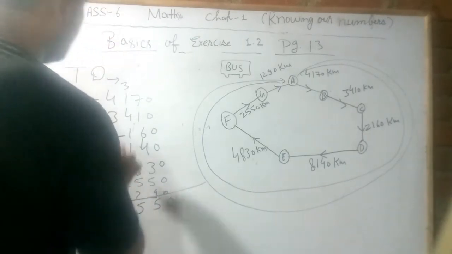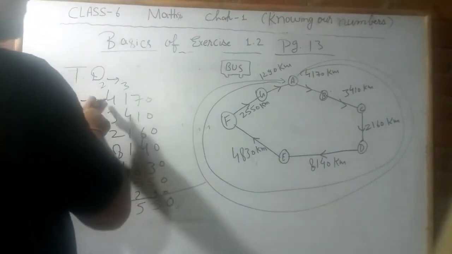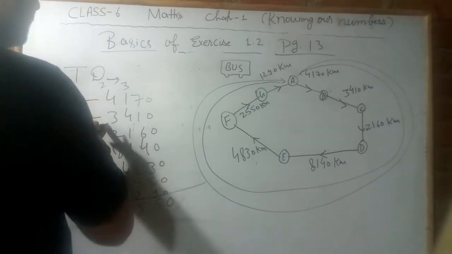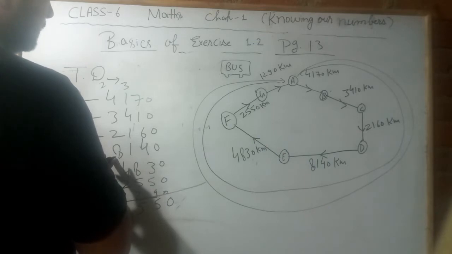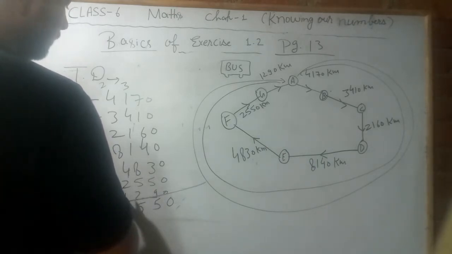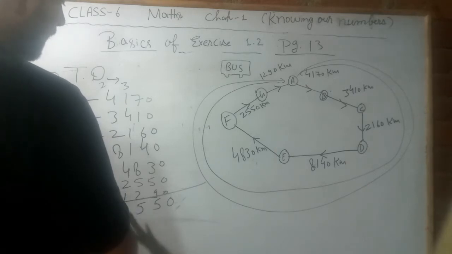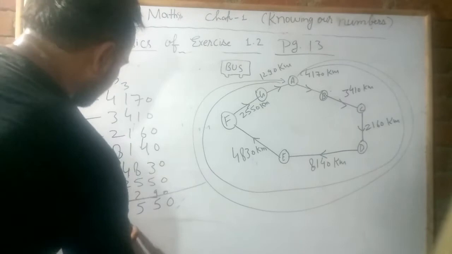We can add also, no problem. 2 plus 4, 6, 6 plus 3, 9, 9 plus 2, 11, 11 plus 8, 19, 19 plus 4, 23, 23 plus 2, 25, 25 plus 1, 26.